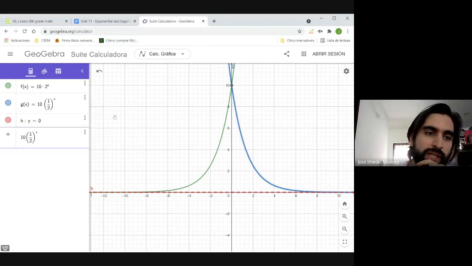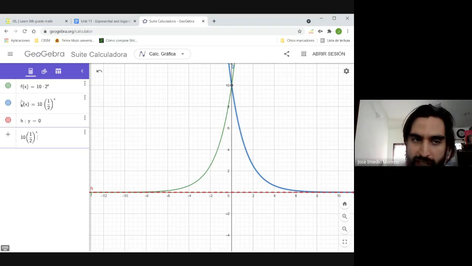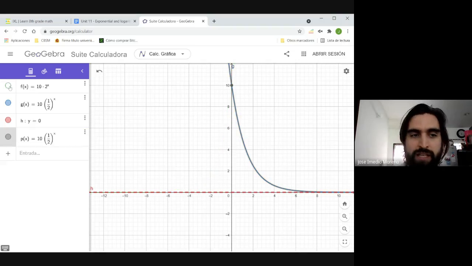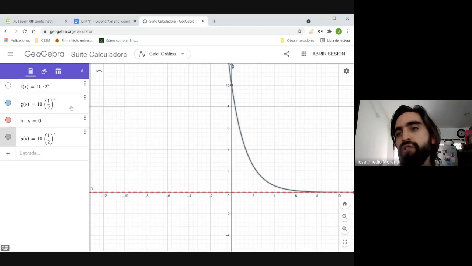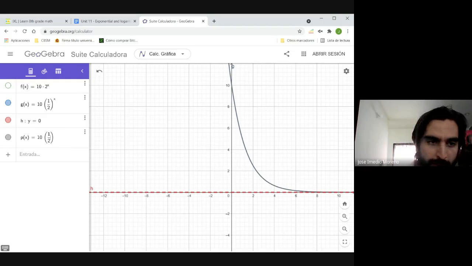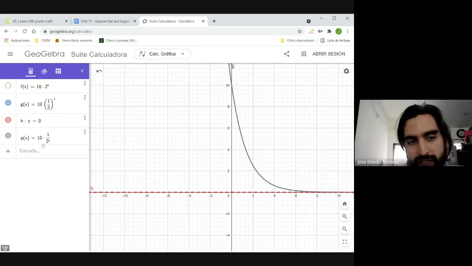Okay, let me explain something about the exponential decay, and it's that there are three ways in which we can express this type of function. It might be obvious for some people, but maybe not for everybody. So this is exactly the same as this. This x in the exponent, of course, won't affect this type of function written like this, and it's the same.